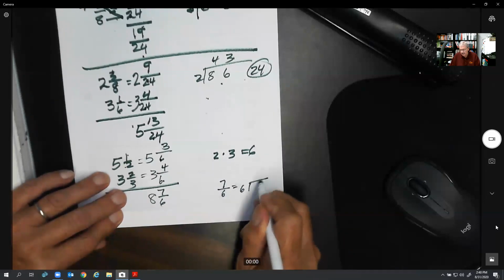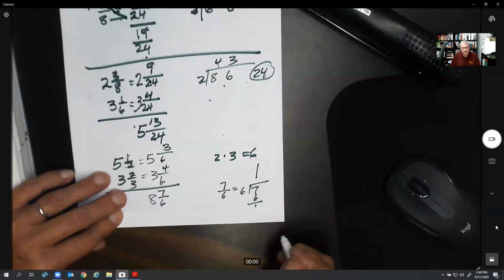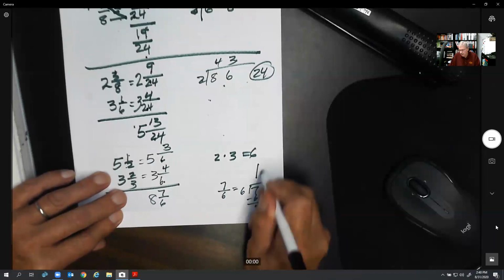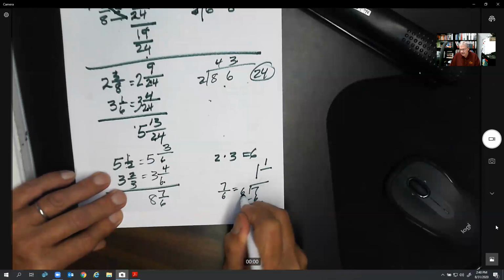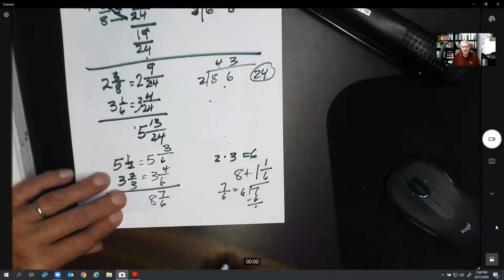Divide 6 into 7. 1 whole. 1 left over. 1 and 1/6. Plus the 8, 9 and 1/6.